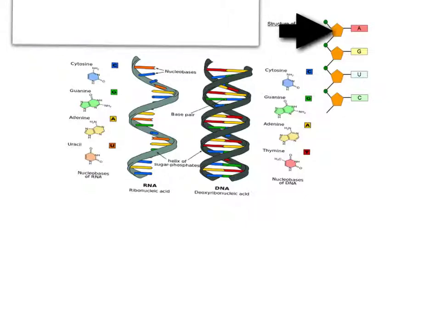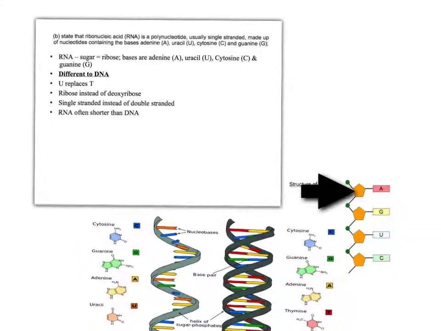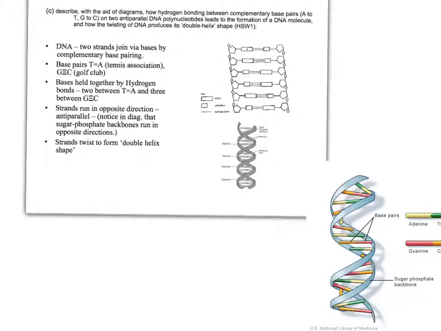To the next slide. This looks at how the structure of a double-stranded molecule of DNA forms. One of the key ideas here is that the two strands of DNA will bind to each other by what is known as complementary base pairing.